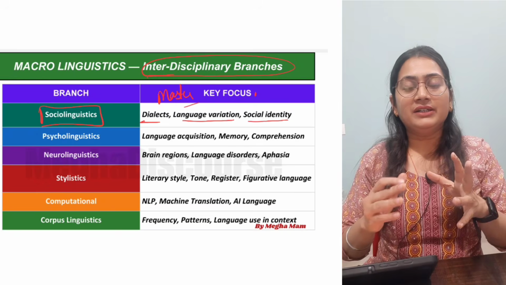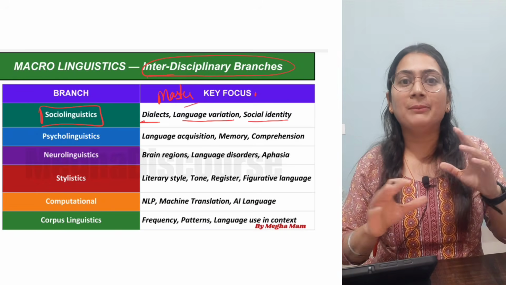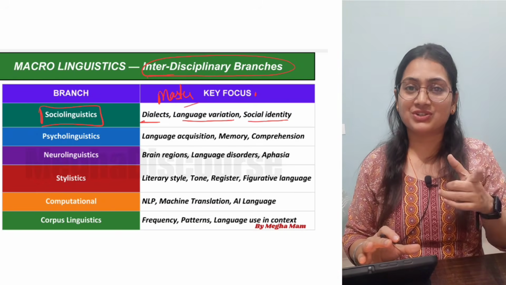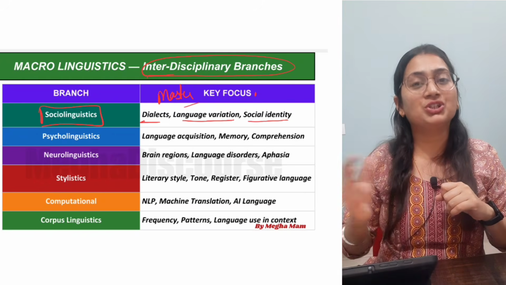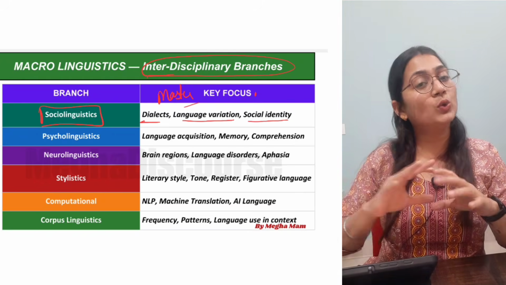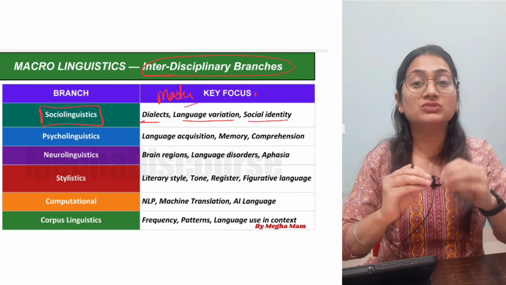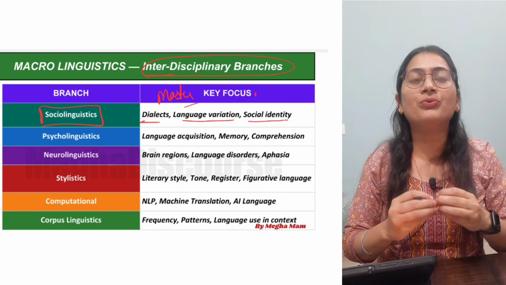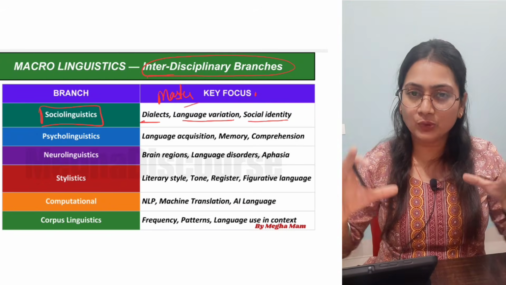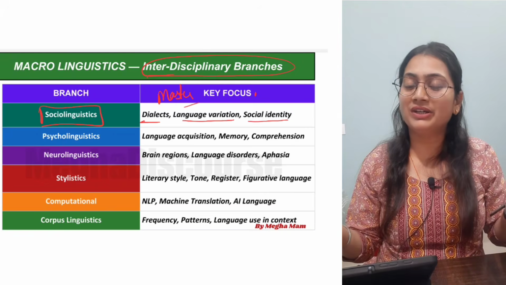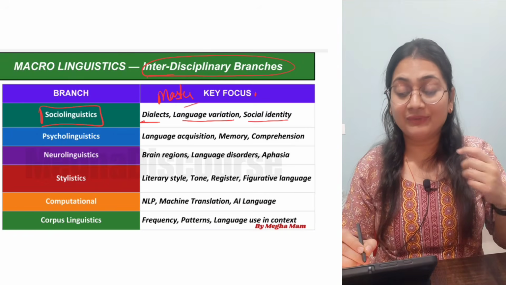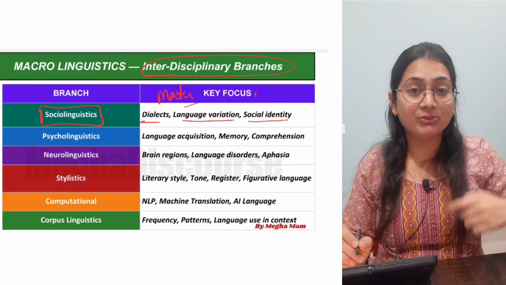We have received pronunciation, like in American it is pronounced one way, but in British it is pronounced differently. Both are right, but it is because of sociolinguistics. It is because of the difference in social environment that it is pronounced differently. So we have dialects, different regions with different dialects.